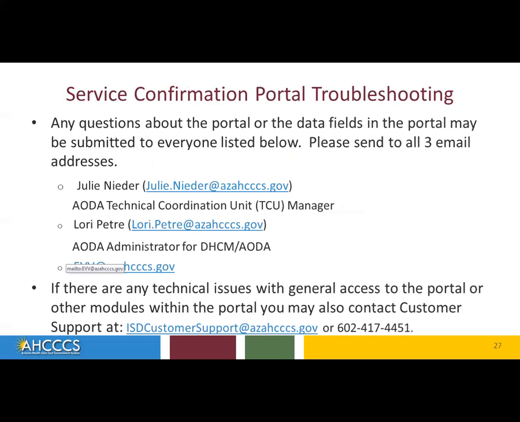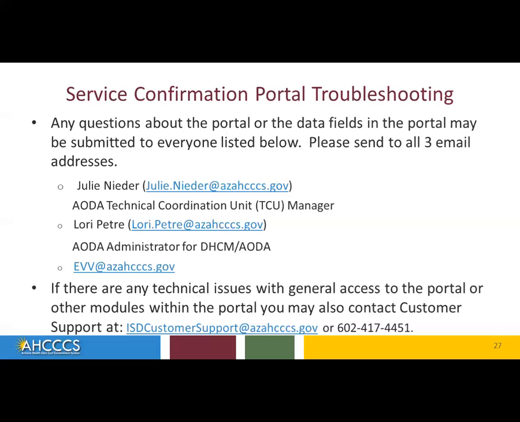Related specifically to the service confirmation portal, Julie and Lori have offered their support if you have troubleshooting issues. So in general, if you have technical issues or questions about access to the Access Online portal, the main portal, you need to submit those to our ISV customer support or give them a call.